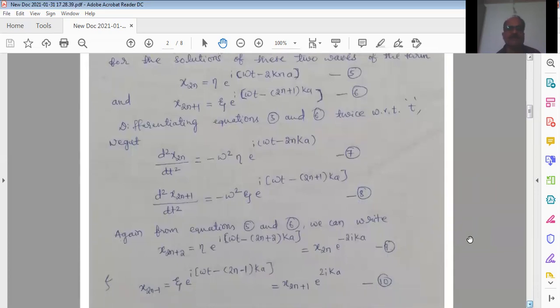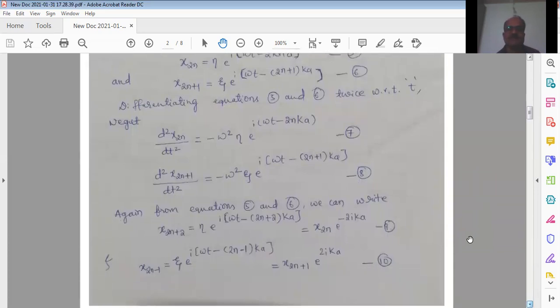We have to differentiate equations 5 and 6 twice with respect to time. We get d square x2n under dt square is equal to minus omega square eta into e to the power i omega t minus 2nka. When we differentiate the first time, it becomes i omega into that quantity, and when we differentiate the second time, another i omega comes.